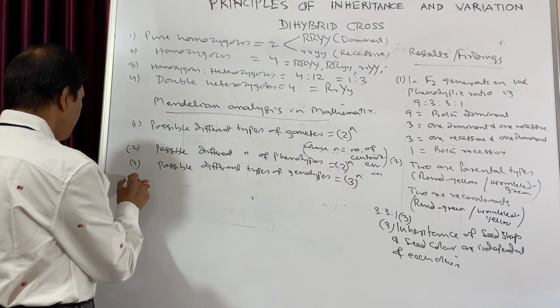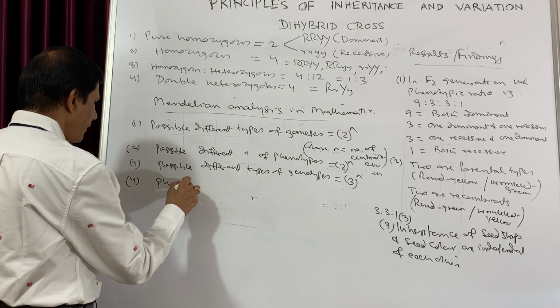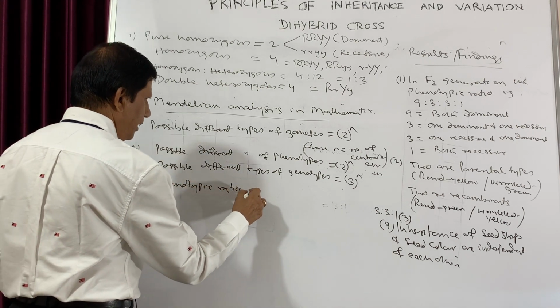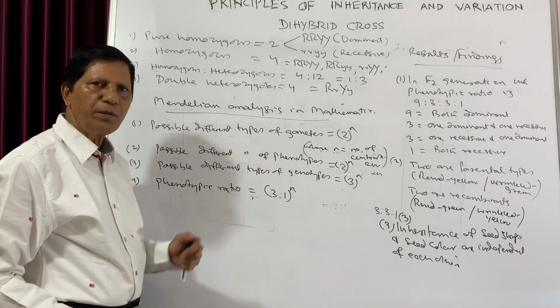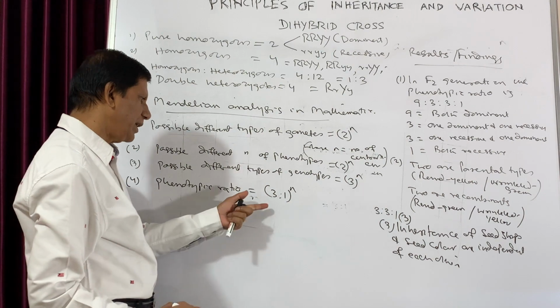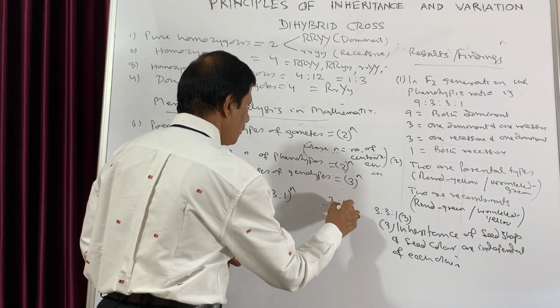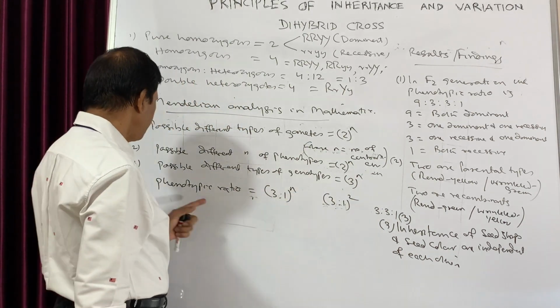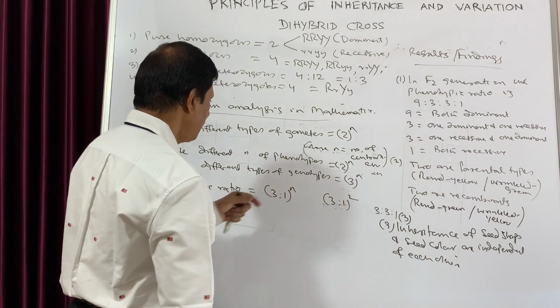Now the next mathematical analysis, the phenotypic ratio is 3:1 to the power n, where n is the number of contrasting characters. So here again n is equal to 2. That means 3:1 squared. That means again the phenotypic ratio was 9:3:3:1. So this is the formula.